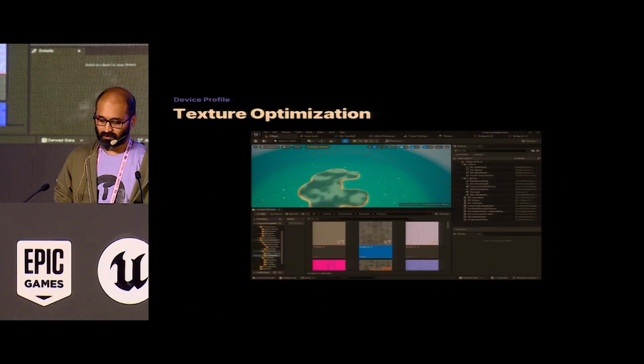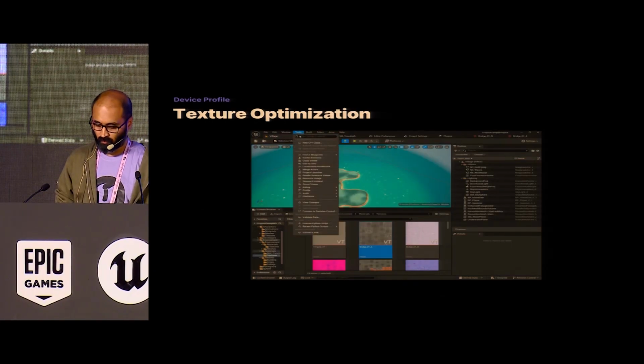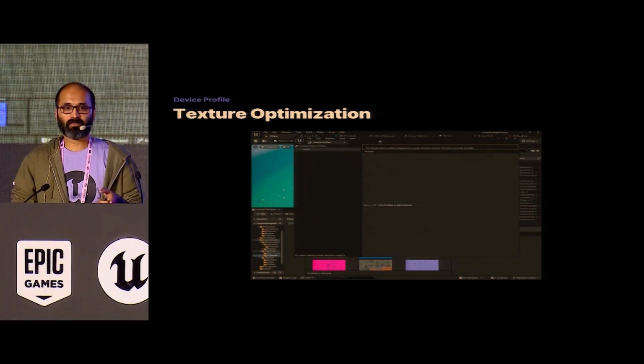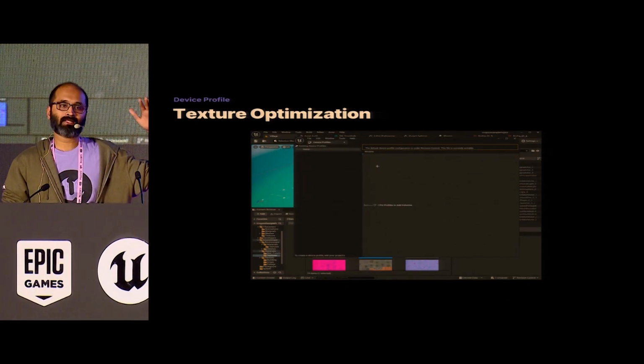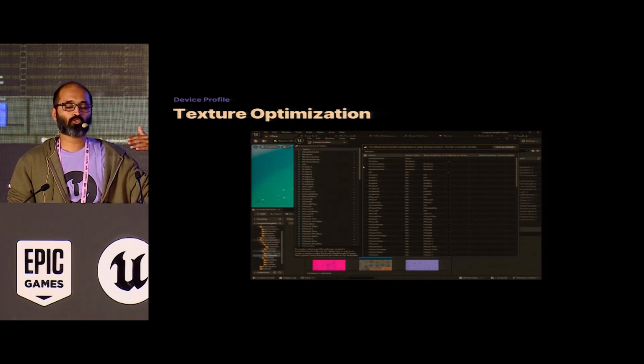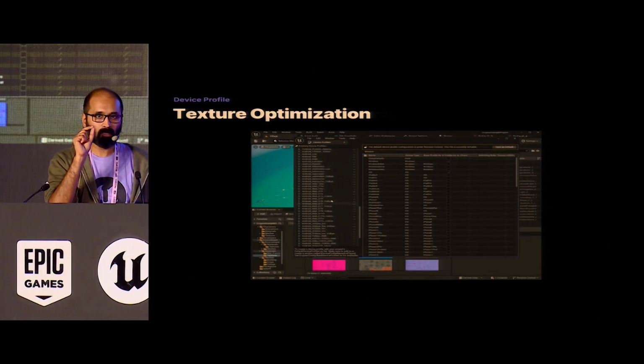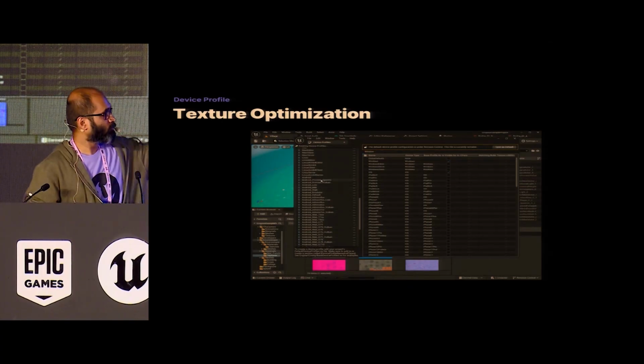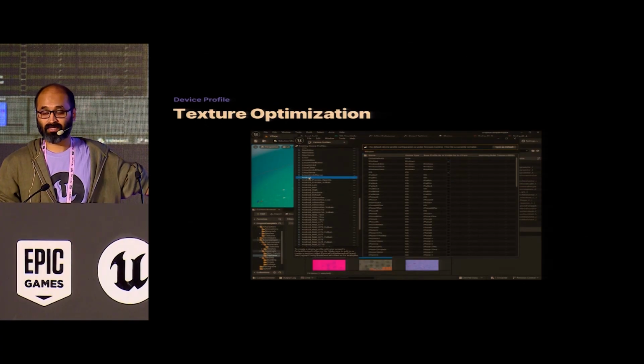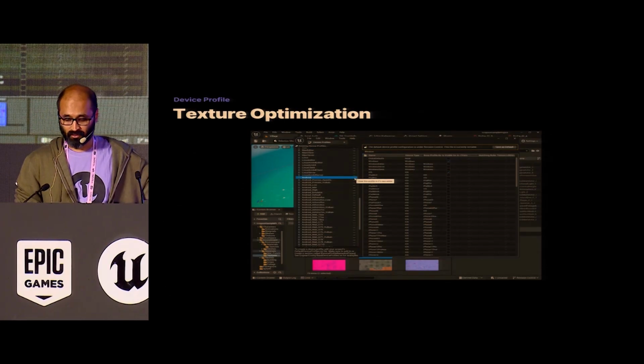What that helps do is, if I go to my device profiles, in my device profile I can specify overrides for all the platforms I want. In this case, I have a whole bunch of devices supported by Unreal Engine, including Android.